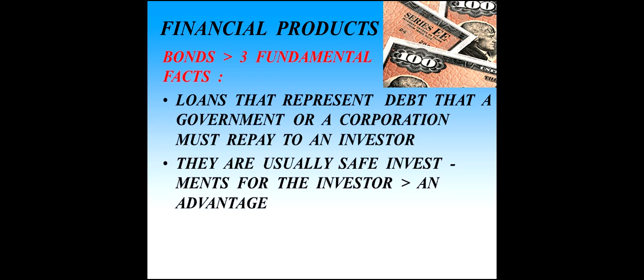The governments are going to be around. Quite frankly, I like to say that if the government disappears, either state, local, or federal, we're probably going to have some greater concerns than redeeming our bonds. So government bonds are considered very, very safe investments.